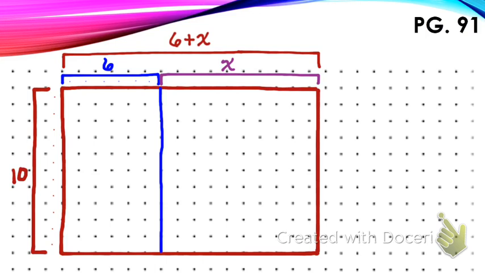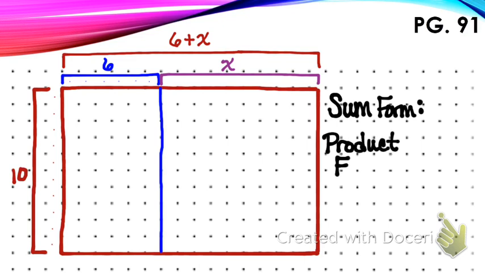I want to express the area of this as both a sum and a product. So we're going to write the sum form, and then we're going to write the product form. For the sum form, I need the area of each of these rectangles.